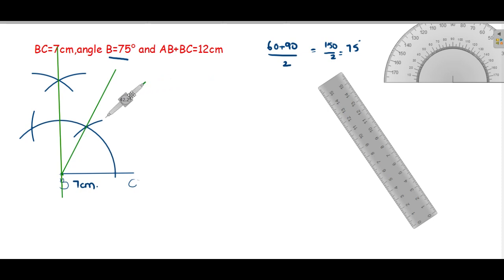Again we have kept the radius of this compass fixed. Now we will place this at this point and draw an arc in between 60 degrees and 90 degrees. So we will get an arc here. Let us draw an arc.